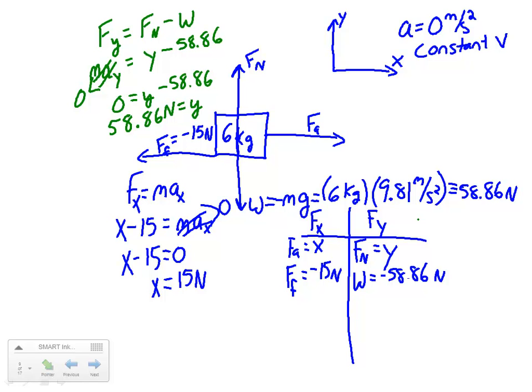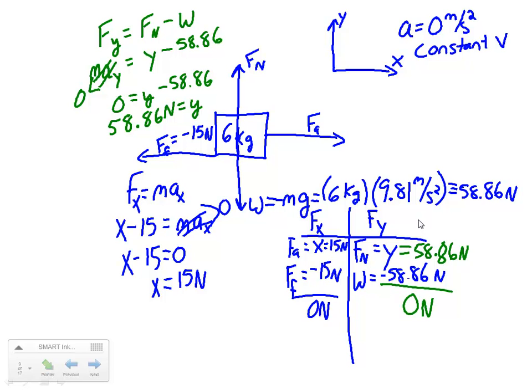Now the rest of the question is asking me for the net force. Well, that's going to be easy. 58.86 minus 58.86 gives me 0 newtons in the y. This is going to be 15 newtons, and 15 minus 15 is going to give me 0 newtons in the x. There's no net force.